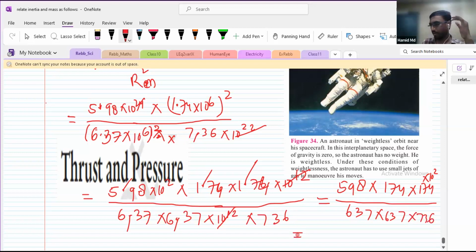Now it's time to calculate. 598 into 174 into 174. So it's a huge quantity.